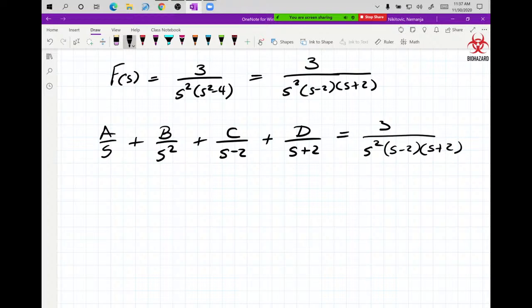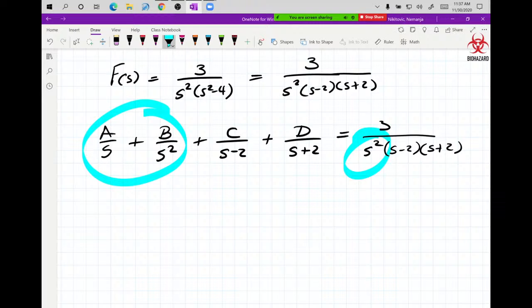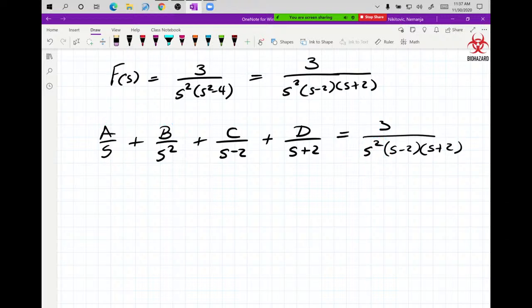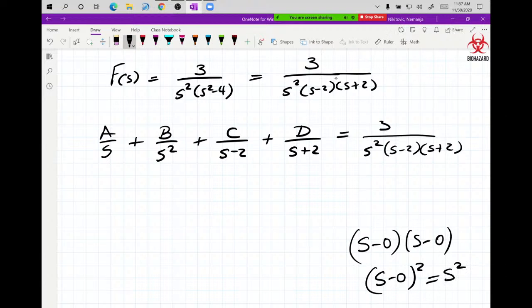Now, some students trip on this. Make sure you don't trip on that, okay? It's a repeated linear term. I know you see s squared, but it's also a repeated linear factor, which is s minus 0 times s minus 0, which is s minus 0 squared, which is s squared.